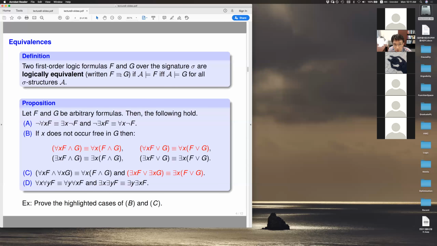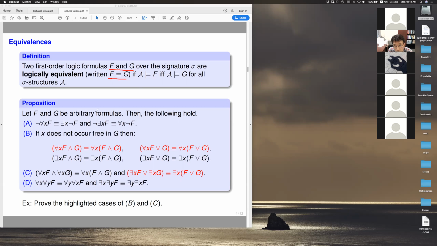If I have two first order logic formulas f and g over the same signature, we say they are logically equivalent if no structure A can distinguish between f and g. A satisfies f if and only if A satisfies g. This is what you expect of the definition of logical equivalence, okay? You can think of this as a semantic equivalence. That's what this equivalence is telling us.